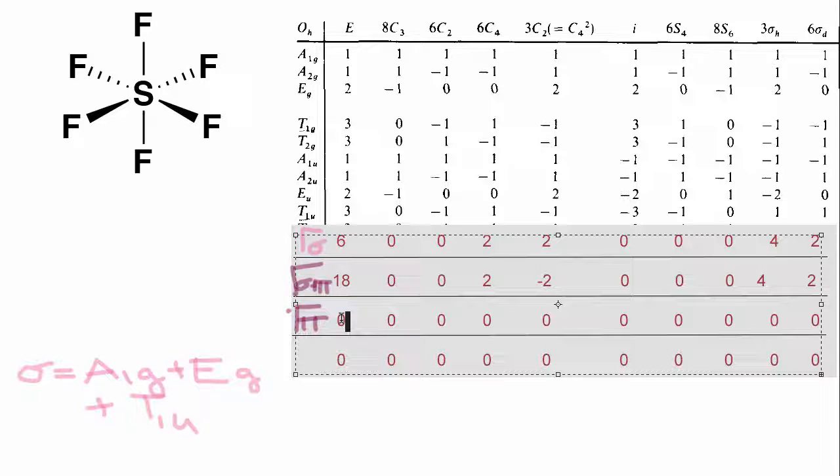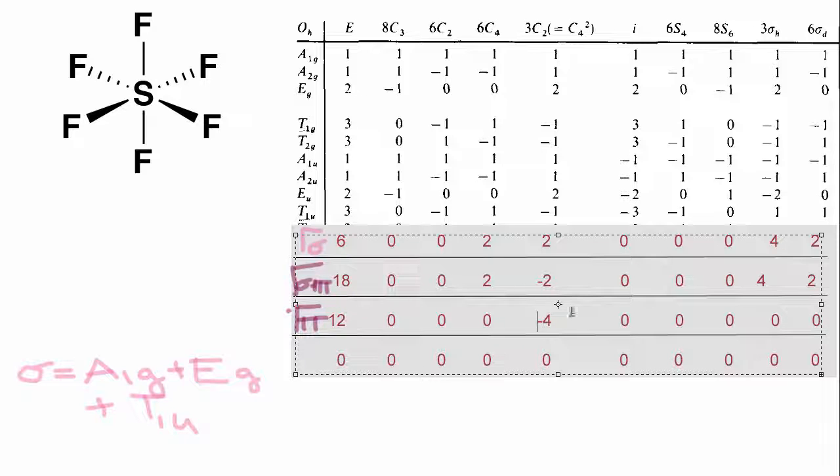If we subtract out the sigma, what we'll get is a value of 12 under E. If we do 2 minus 2 is equal to 0, minus 2 is equal to minus 4, 0 minus 0 is 0, 0, 0, 0, 0, 4 minus 4 is 0, 2 minus 2 is 0. So the reducible representation for the 12 pi bonds that we have is this right here.